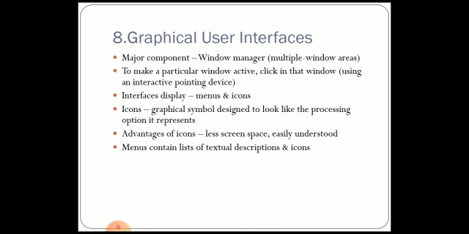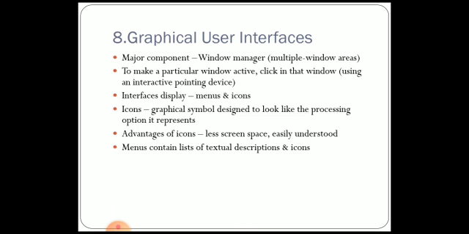You have different icons on your desktops, right? If you just click on those icons, not just on the desktop, you can have icons anywhere in the system. If you just click on those icons or menus, the further action is activated, right?